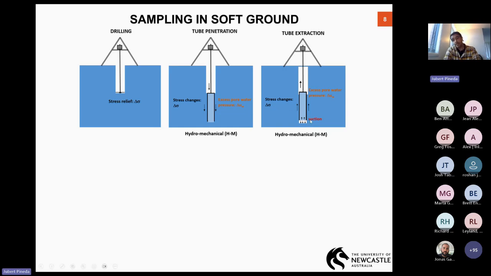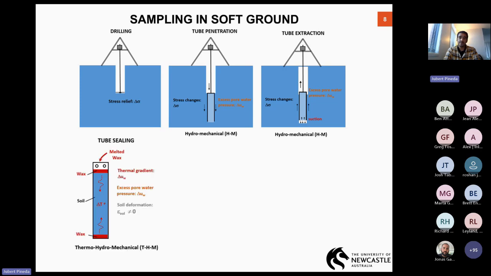That pulling induces suction at the base, which basically induces water redistribution inside the soil. Therefore, we are changing the natural water content in the soil and therefore the density in our specimen. And we don't know by how much this suction is affecting our soil quality.